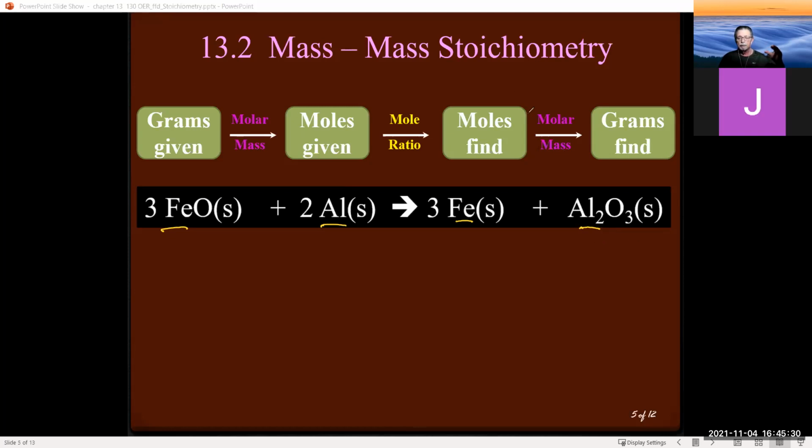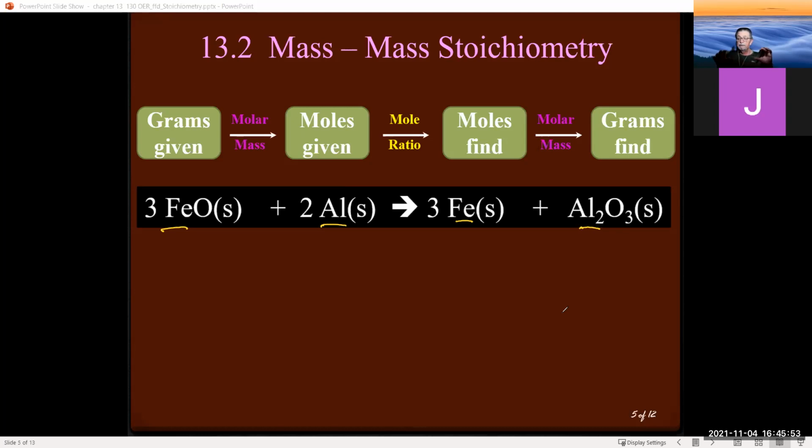All right, so now you could be asked questions. The equation is given to you here, but it could have been stated in words, something as follows: iron(II) oxide in the presence of aluminum produces iron and aluminum oxide.